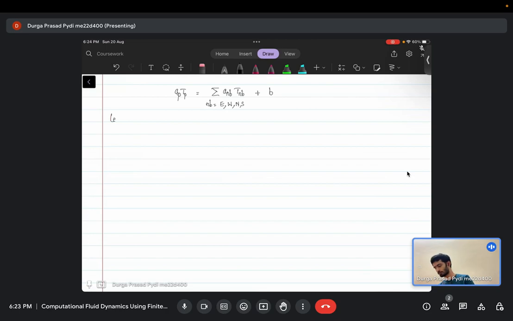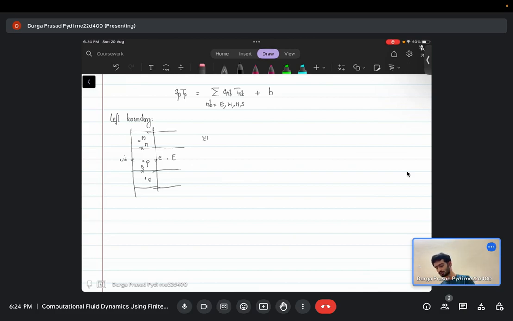So on the left boundary, this is my P cell, these are my north face, south face, east face, and this is my west boundary. So again the equations remain the same.